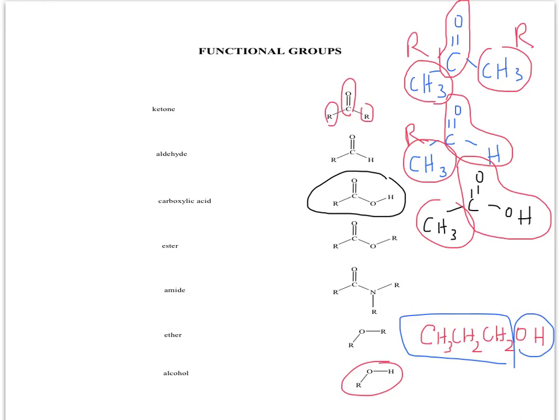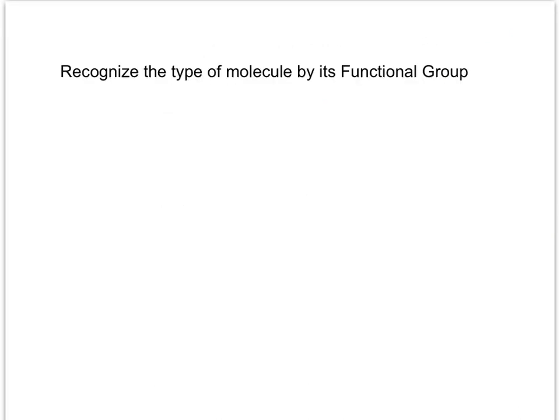So can you recognize an ester? Can you recognize an ether? That's what I'm looking for. I don't want you to name them. I just want you to know the different groups that show up in a molecule. All right, and then I think that's that. So let's see. We could maybe finish by doing something like this, just for fun.